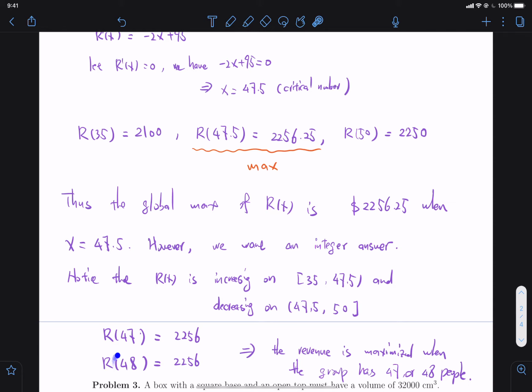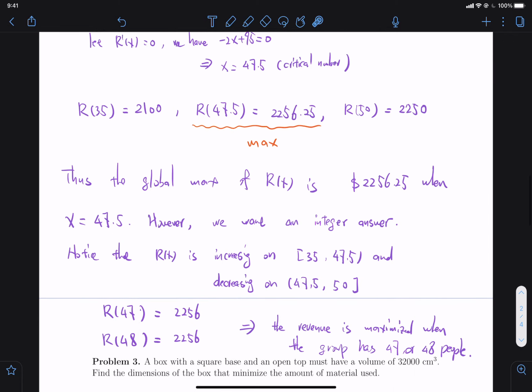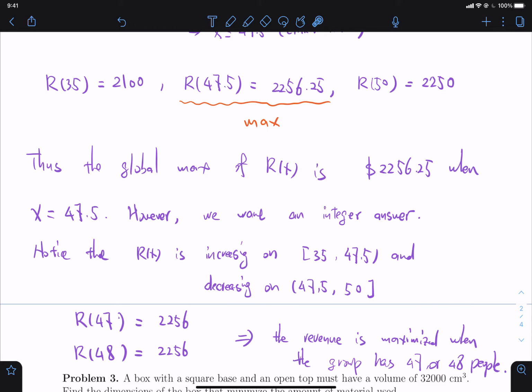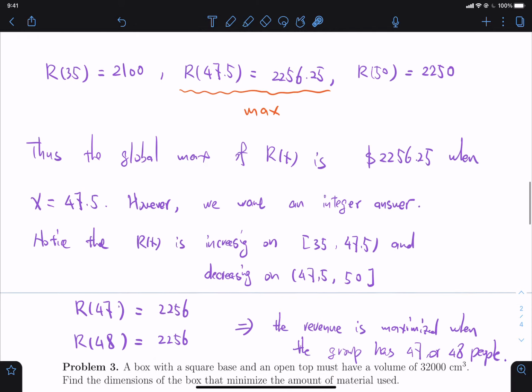So we basically just test the function value at these 2 points and compare them to see which one is the biggest, and then we choose that value. And since they're the same, it does not matter whether we have 47 people or 48 people, right? So the idea is just like that, and we state this just for completeness.